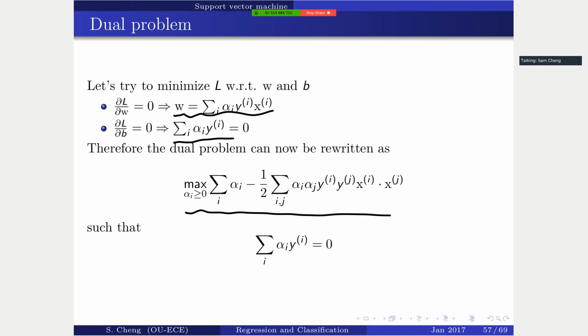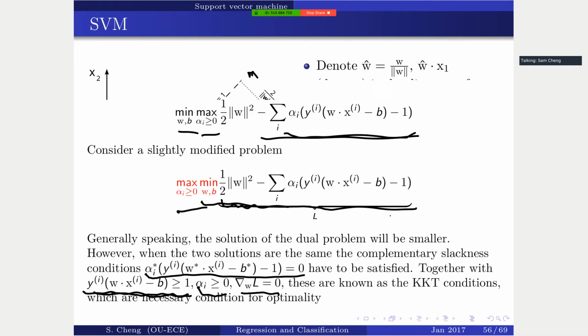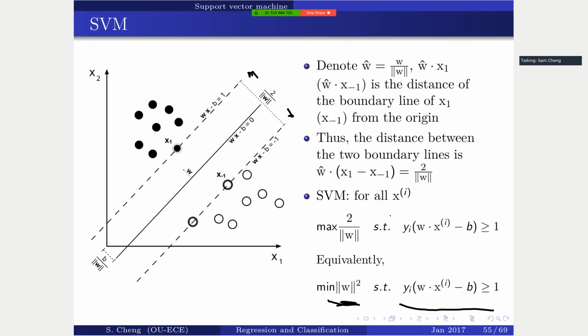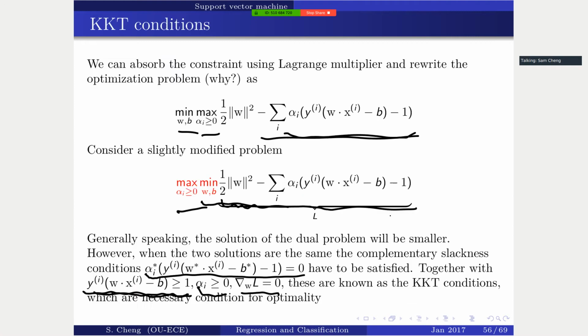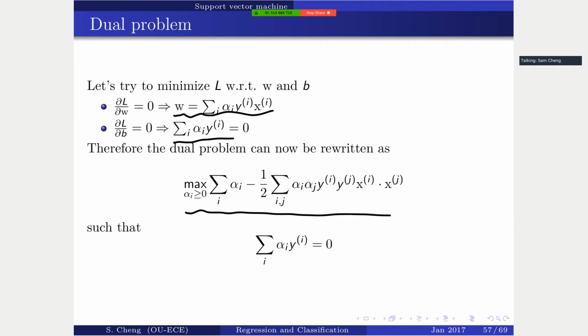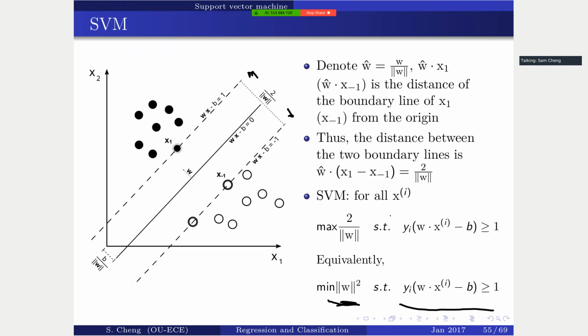This is typically how people solve SVM, but actually it's not what you see in the homework, because in the homework they do it in a pretty brute force way. It's not the most optimum way like most people do. People typically solve the dual problem instead of the primal problem.